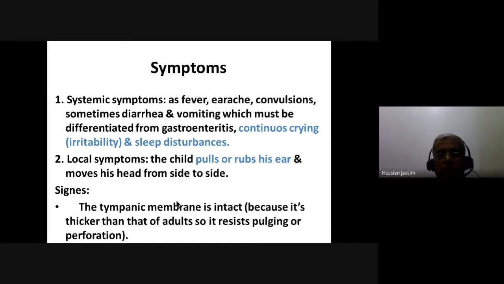And the signs when تفحص المريض راح تشوفه tympanic membrane is usually intact. الآن المشكلة إنه tympanic membrane بالchildren is very thick، فالبرفوريشن ما يكون easy، فتتأخر عنده مرحلة السبيريشن أو البرفوريشن of the tympanic membrane، لذلك يظل irritable ويصير عنده severe pain أكثر من الأدلتس.